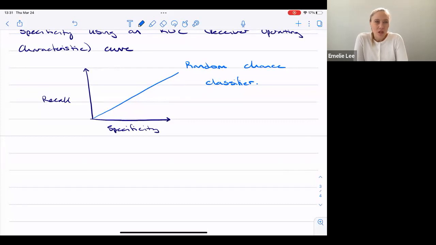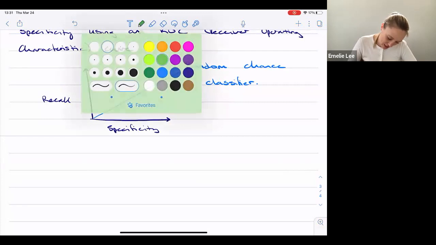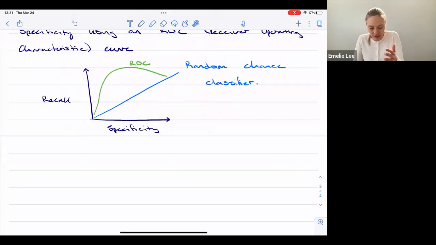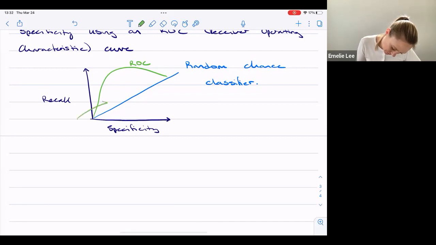Okay, so that's our random chance classifier. And then what's going to happen is we're going to get an ROC curve that might look something like this. What we want is for this curve to be lifted off of the random chance curve as much as possible. It's going to move up as high off of the line as we can.